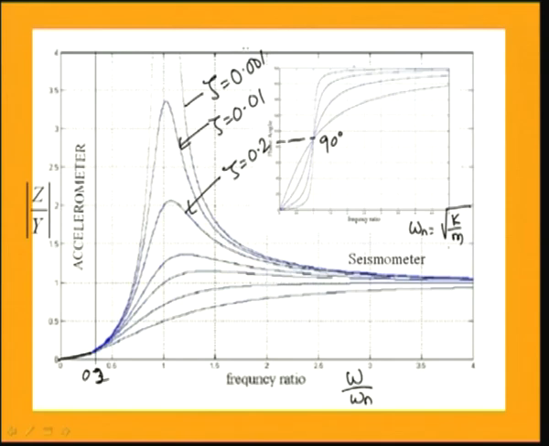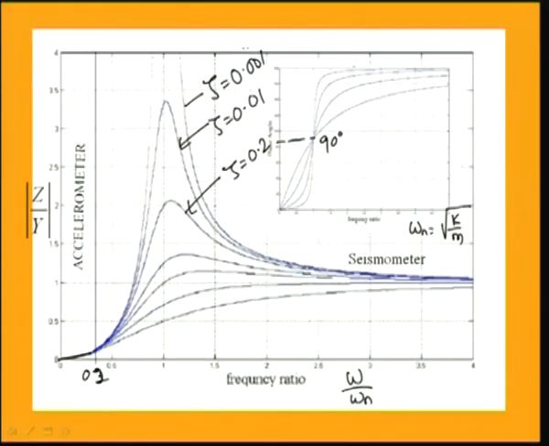That means, when you are using an instrument with a very high value of natural frequency, that instrument will be an accelerometer. And when you are operating it at a higher value of omega, that is when omega is very much greater than omega n, or you are using an instrument which has a low natural frequency, then in that case z by y will be equal to 1. So, when z by y equals 1, z will be equal to y.